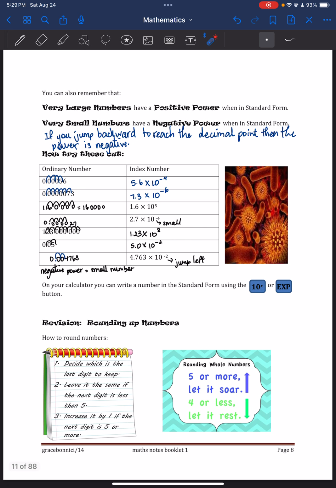And this table here, you should rework this table. Try your best to do it in order to fully grasp standard form. So here we have negative and we have positive. But it's hard for you to see the original number because I realized I drew the jumps when you were doing it in class.